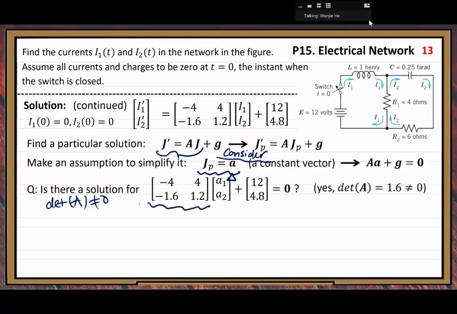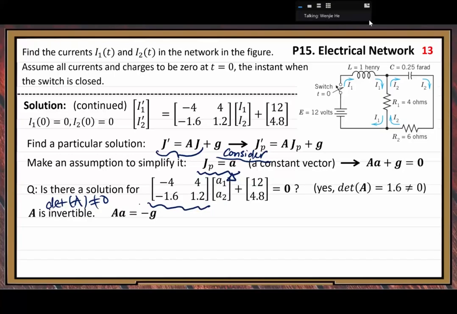So there is another question: how to find the inverse matrix of A? Fortunately, our A matrix is a 2 by 2 matrix. There is a simple formula for its inverse. Here, I can give you that simple formula.